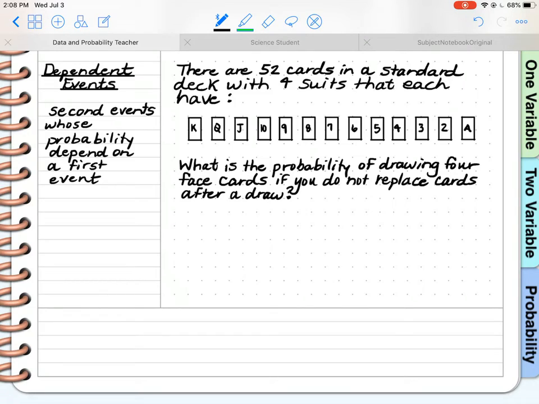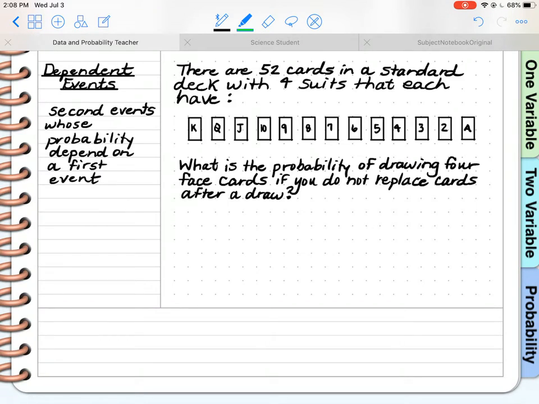So you have all of those cards in hearts, all of those in clubs, all of those in spades, and all of those in diamonds. What is the probability of drawing 4 face cards if you do not replace cards after a draw?